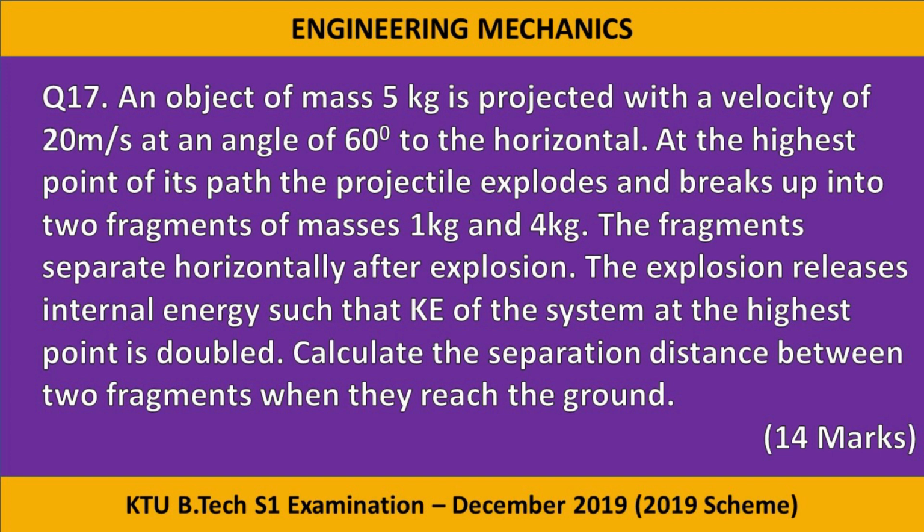The fragments separate horizontally after explosion. The explosion releases internal energy such that kinetic energy of the system at the highest point is doubled. Calculate the separation distance between two fragments when they reach ground.